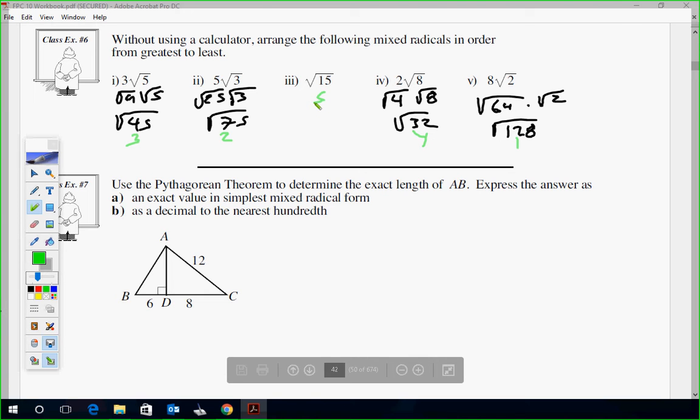So I would go 8 root 2, because we're going to write them in their original form. 8 root 2 is 1, 5 root 3 is 2, 3 root 5 is 3, whoops. 5 root 3 is 4, no, that's a lie. I wrote 5 root 3. 2 root 8 is 4, and then root 15.